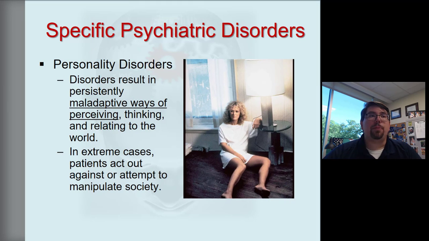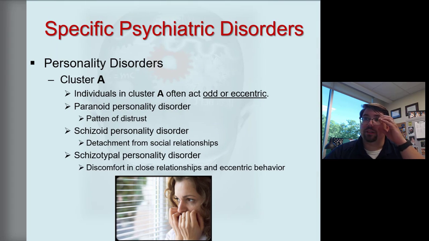When we think about personality disorders, these are disorders that result in persistently maladaptive ways of perceiving, thinking, and relating to the world. They're just not going to be able to connect properly like they need to. In extreme cases, the patient's going to act out against or attempt to manipulate society to get it to where they think the world should be from their point of view. And there are different classifications of these.